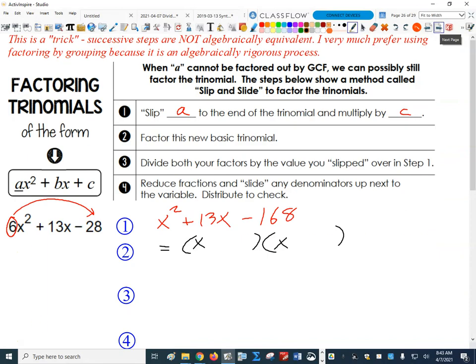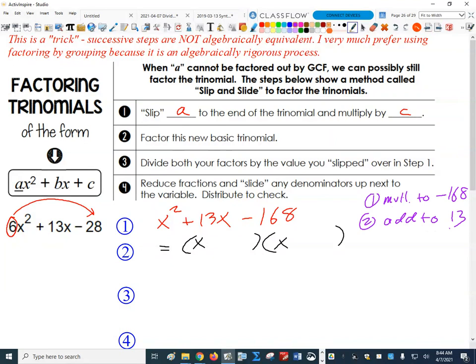So we need magic numbers that multiply to what? Negative 168, okay. And they add to what? Add to positive 13. So everybody contemplate that for a second.